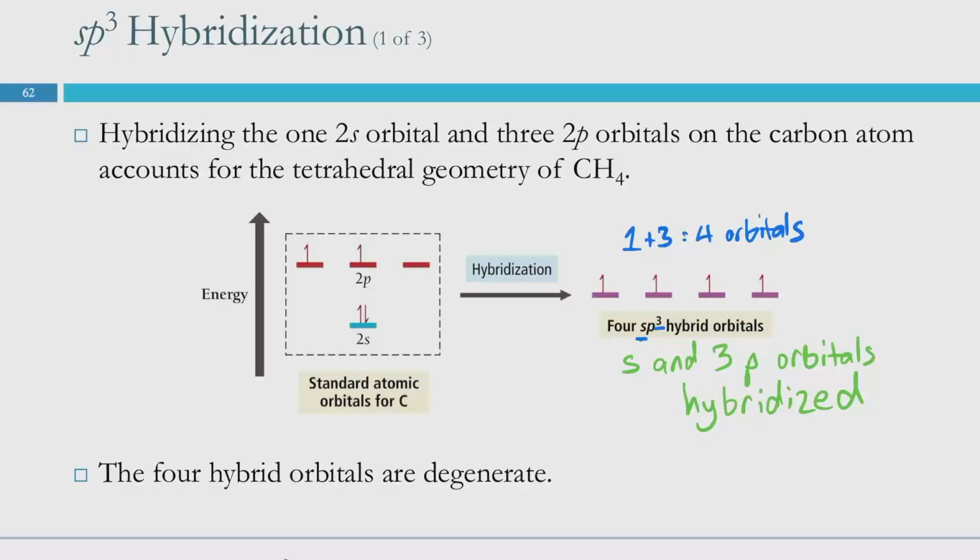And when we hybridize them, they all take on the same energy level. We've blended them together, they're nice and smooth and even. And so the 4 hybrid orbitals are degenerate.